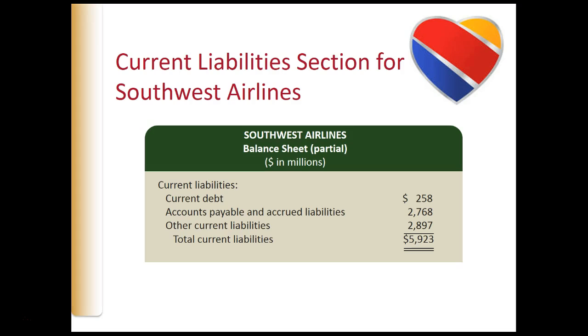There's no prescribed order for presenting accounts within the current liabilities section of the balance sheet. This slide shows the current liabilities section of Southwest Airlines. Like Southwest, many companies first list notes payable, which Southwest calls current debt, followed by accounts payable, and then other current liabilities.